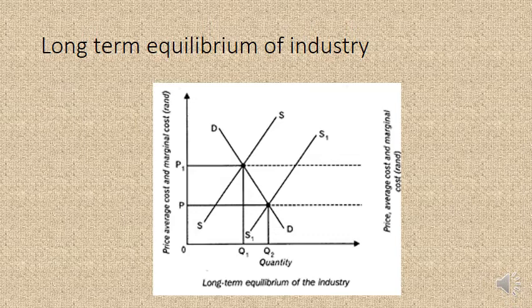If we look at it the opposite way around, let's say your original supply curve is at S1 and businesses are making an economic loss, then businesses will start to shut down. The supply curve would then move inwards to S, and that means that you have a higher market price. And that adjustment would continue, businesses would keep shutting down until, in the long run, there's only a normal profit being made.